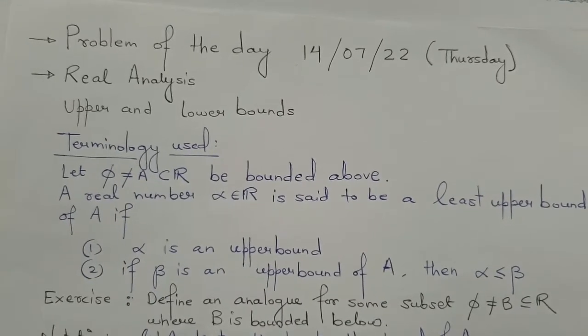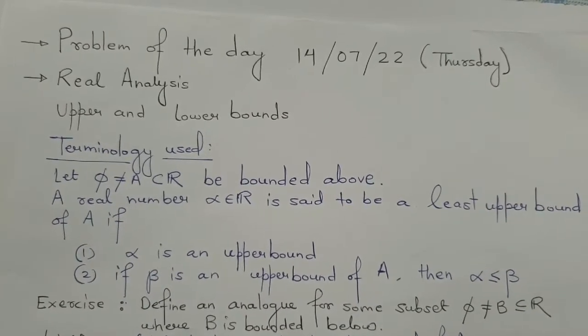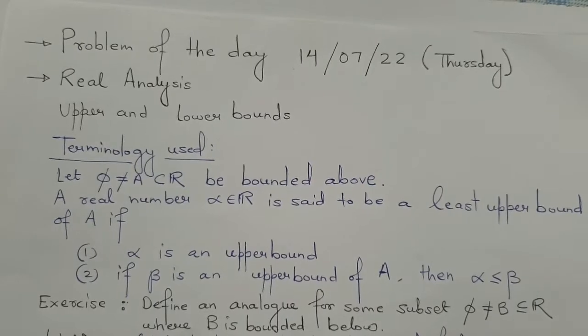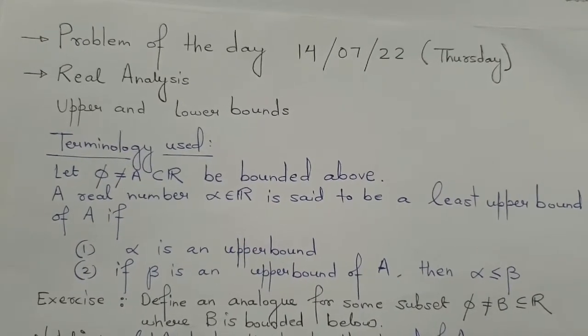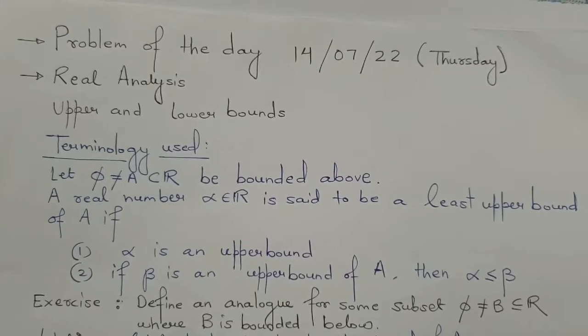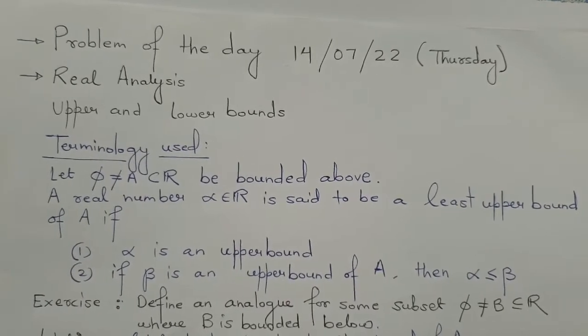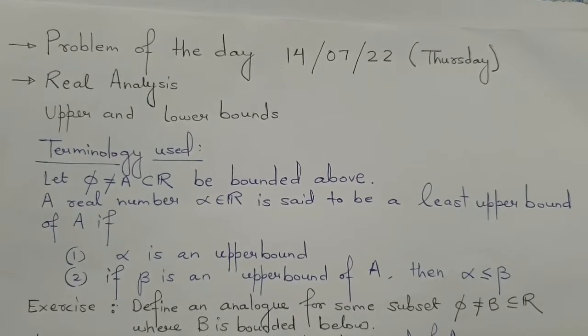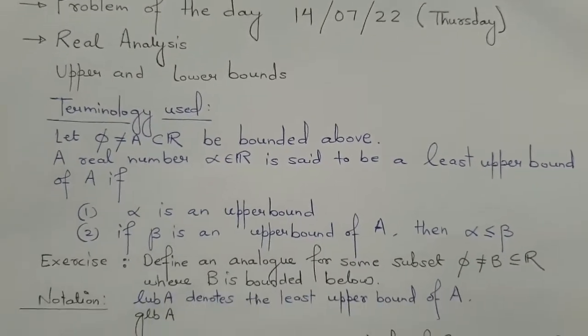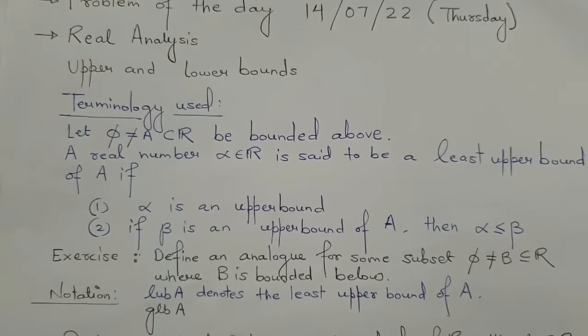Now I pose an exercise to you: define an analog for the greatest lower bound for some non-empty subset B of R, which is bounded below. You can easily define it along similar lines. Just everything will reverse. So try to prove this analog. Very easy. Now there is some notation.